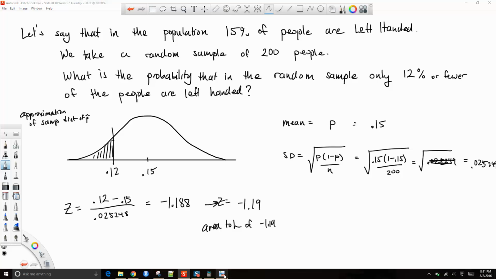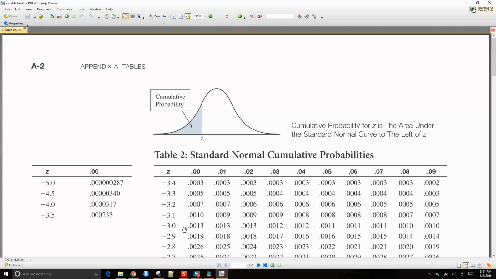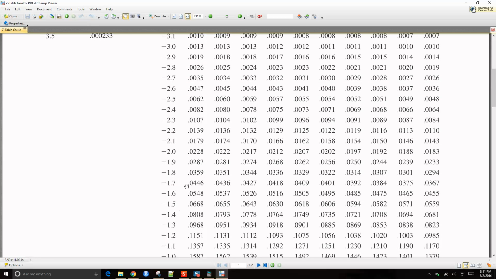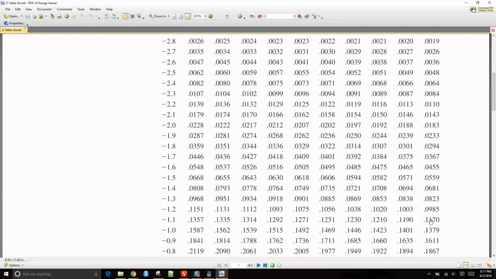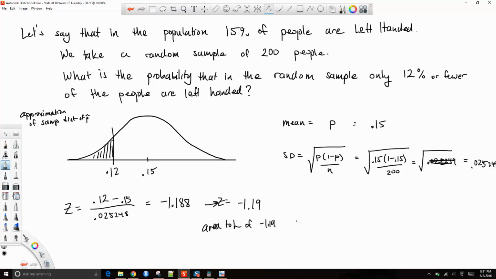I go to my z table, I look up negative 1.19, and I get 0.1170. So that's our answer.